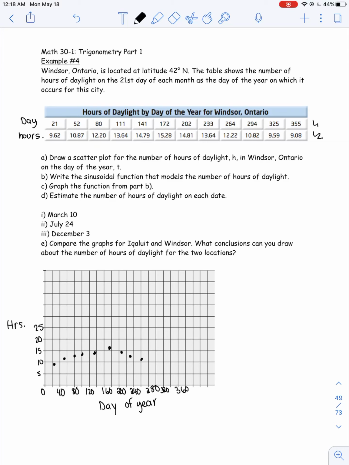What it should start to look like is that wave shape. We do want it to be sinusoidal if you're doing this properly.